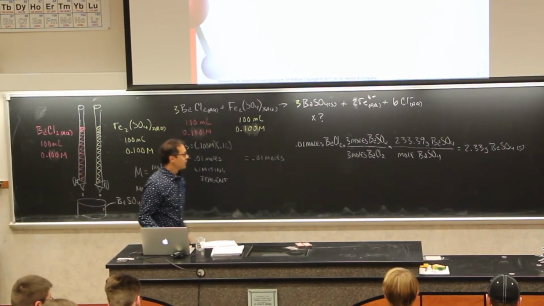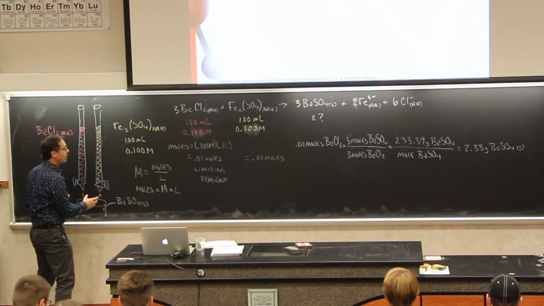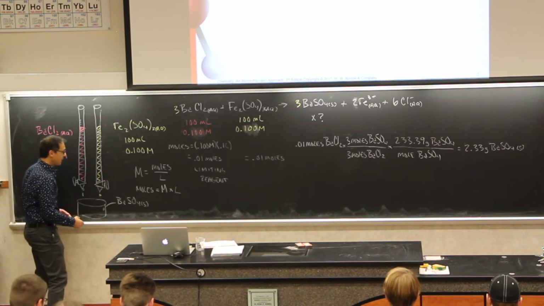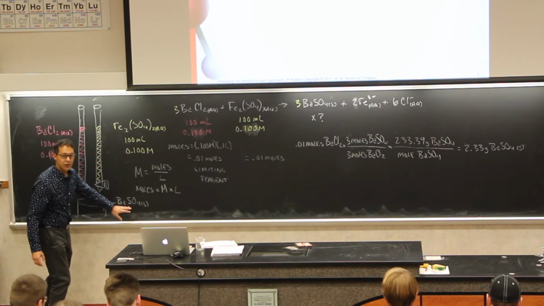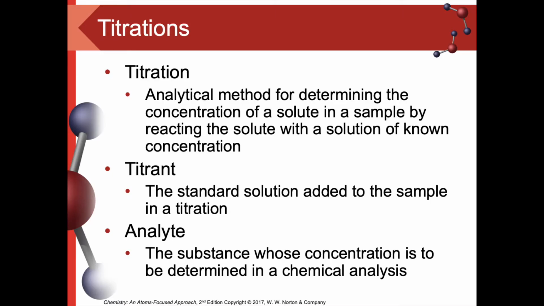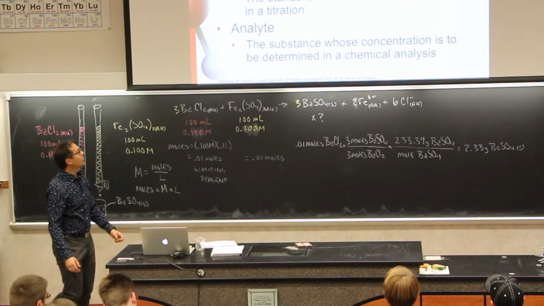Okay, so that's just mixing these two solutions together. We're going to run out of the barium chloride. We'll have some excess iron 3 sulfate, and then we end up producing a certain number of grams of the barium sulfate. Okay. Now, some fancy terms. When we're mixing these things together, we call this a titration. The stuff in our tubes here that we're adding together, that is our titrant.